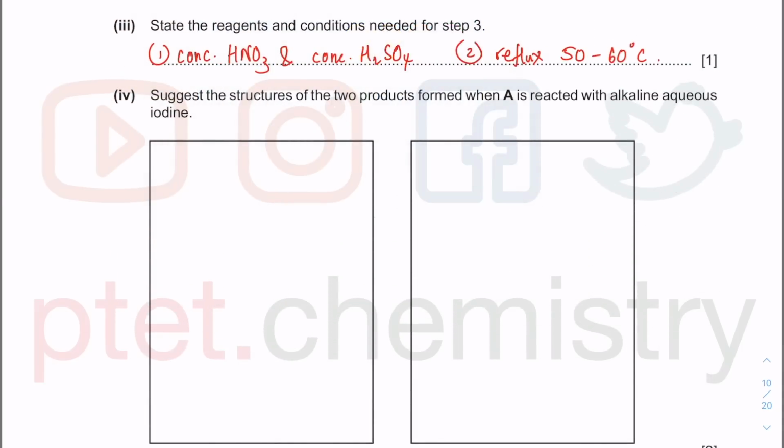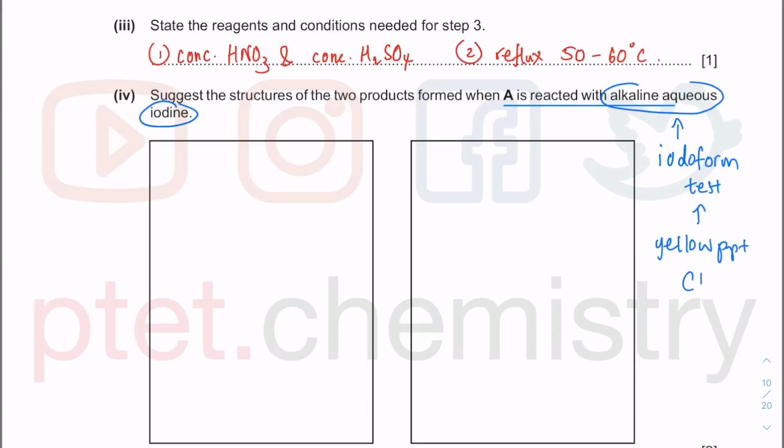Suggest the structures of the two products when A is reacted with alkaline aqueous iodine. Alkaline aqueous iodine is the classic iodoform test. So the iodoform test will give you a yellow precipitate. This yellow precipitate is triiodomethane. You also know it as iodoform.